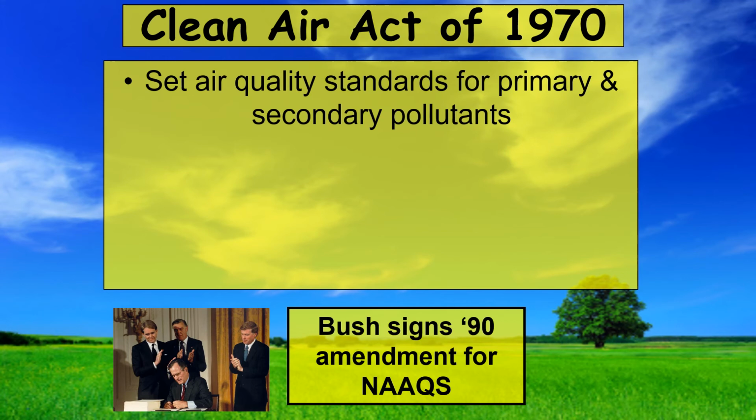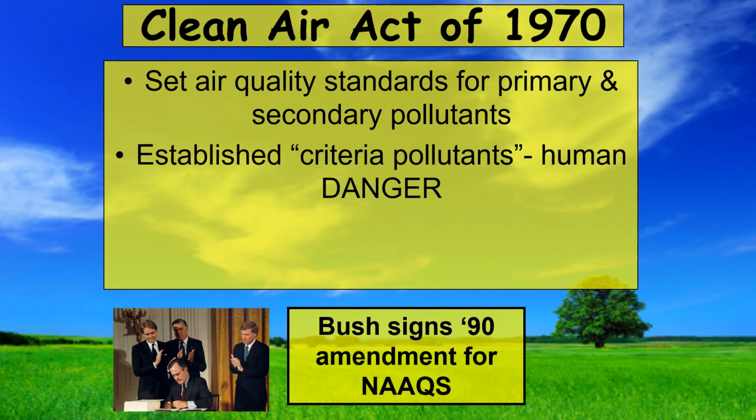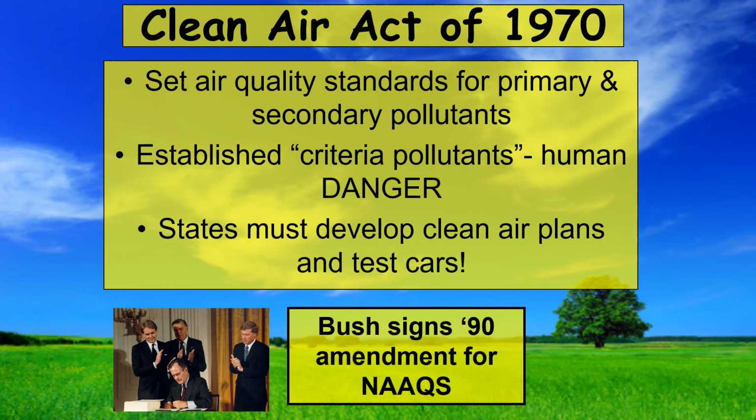Secondary pollutants like smog and tropospheric ozone form by mixing with other items in the atmosphere to make this new pollutant. The Clean Air Act also established criteria pollutants. These are ones that are dangerous to humans. For example, lead. Lead is extremely dangerous to humans, and it was established as a criteria pollutant under the Clean Air Act. It also states that states must develop clean air plans and test their cars.